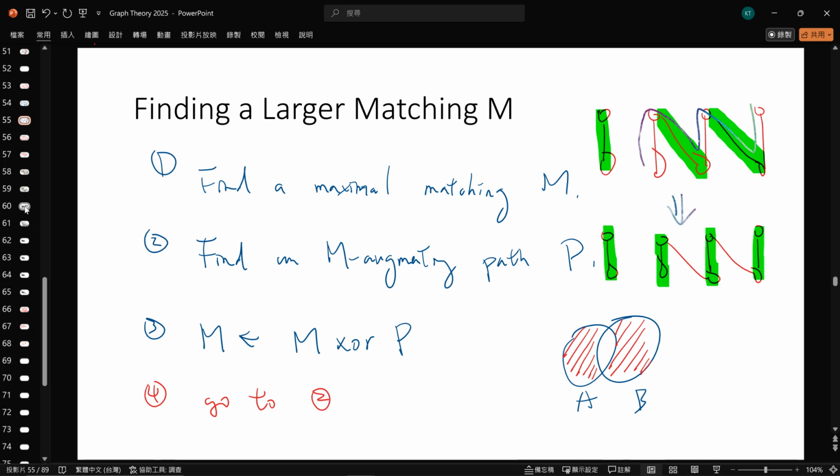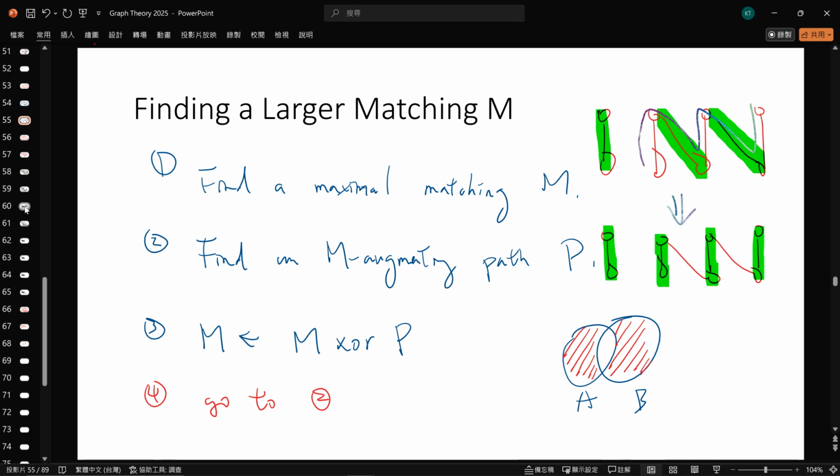So this is a maximal matching because for these three vertical edges, you cannot add any one of them to this matching. Otherwise, you will create edges that share endpoints.